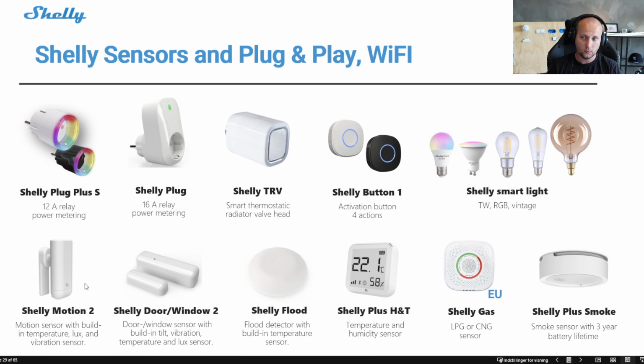It is running on Wi-Fi, but it is using the latest Wi-Fi low energy chip, which means that it stays connected to the internet and is extremely fast. So when it detects motion, it takes less than 200 milliseconds to turn on the light because it is connected constantly to the internet. So I really love this device.